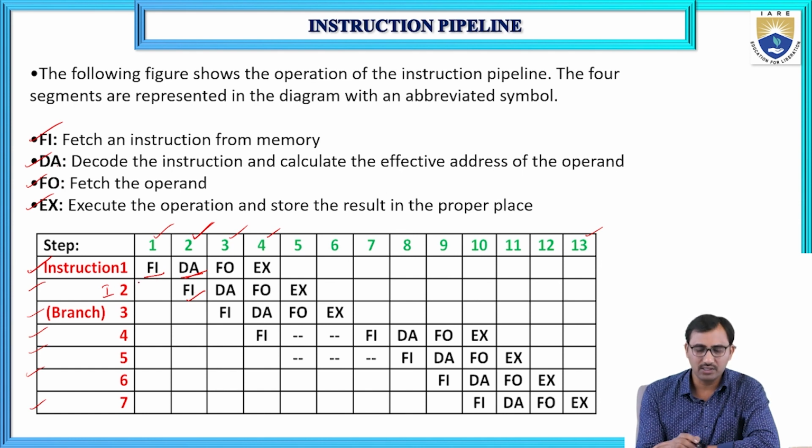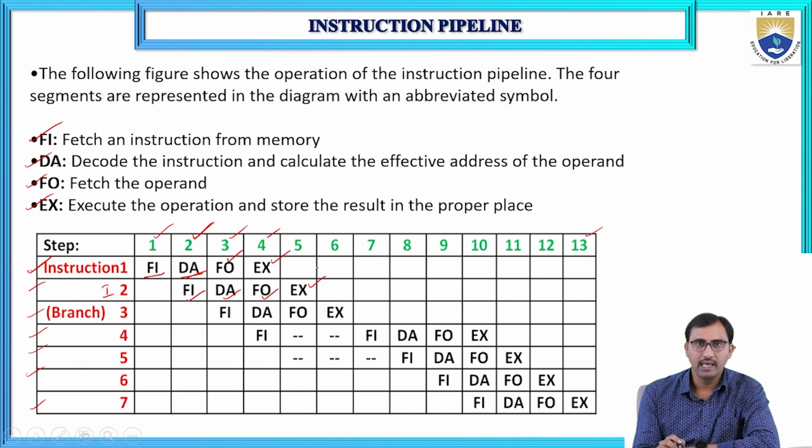Similarly, while the first instruction is fetching the operand, the second instruction is decoding. While the first instruction is in the execution phase, the second instruction fetches the operand from the memory. So by the 5th clock cycle, the first instruction's execution will be completed. Then the second instruction's execution takes place.